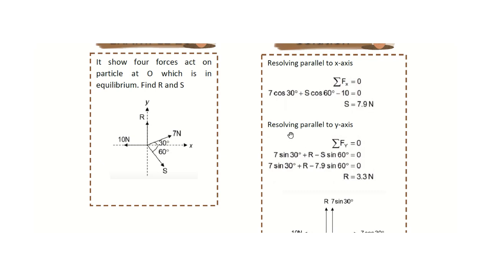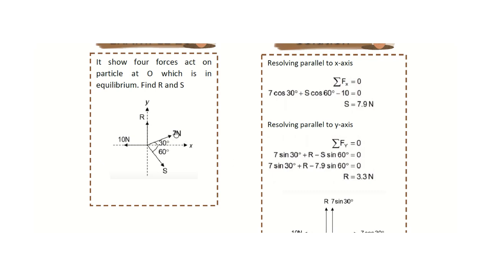And then we solve for the y-axis, for the y component. Because the system is in equilibrium, we set the total force Fy equal to 0. So first calculate Fy for the 7 Newton force. For the y component, we will use the formula F sin theta.